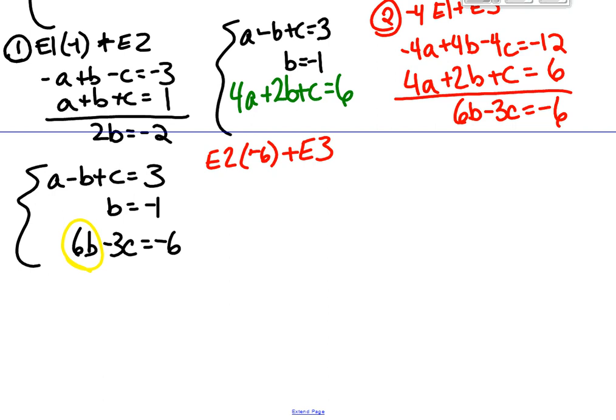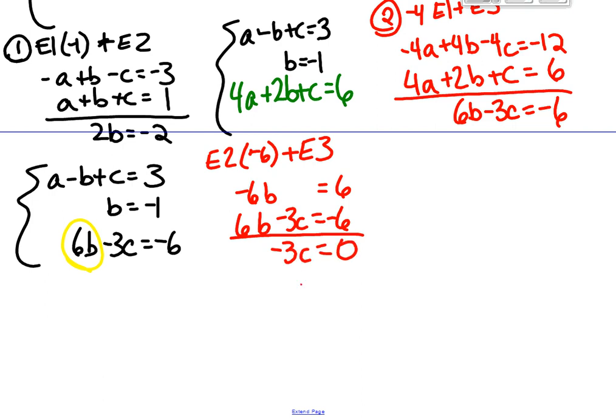And so that's going to be -6B equals positive 6, and then 6B minus 3C equals negative 6. And then when I do that, the B's cancel. I get negative 3C equals 0. So then that means C equals 0.